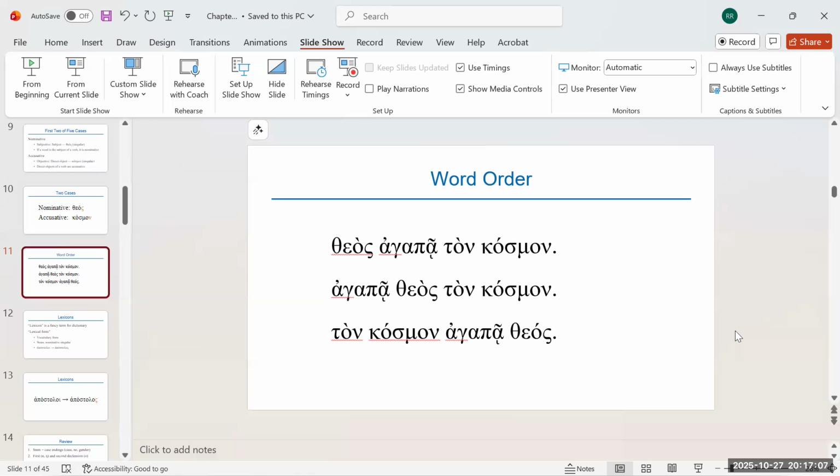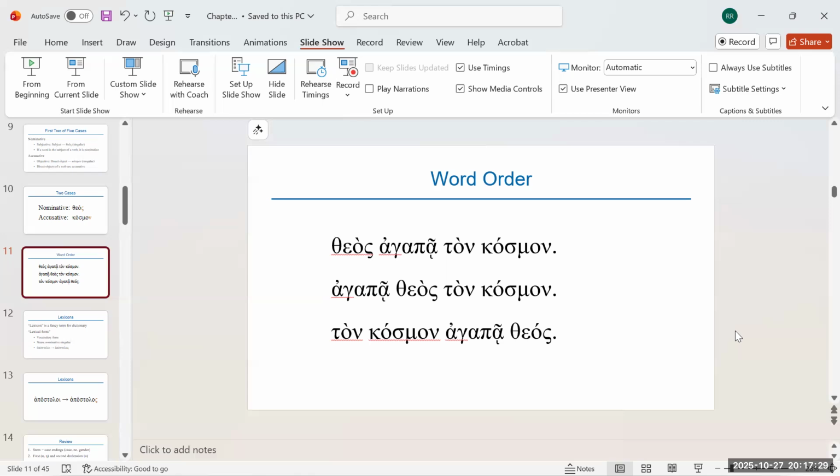Then you'll look at agapa and ton cosmon, and you'll know that ton is the definite article, and you're going to write the case, the gender, and the number every time.